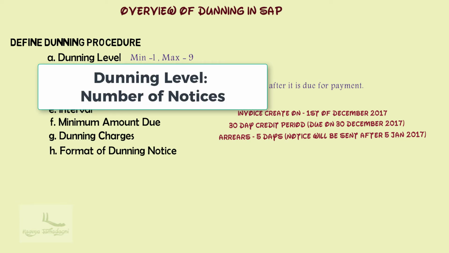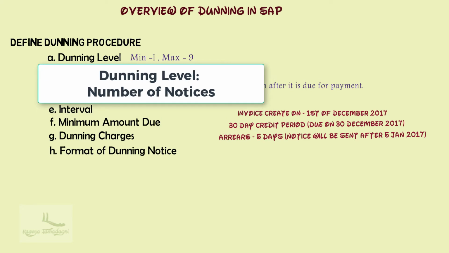The minimum is 1 and the maximum is 9, which means I can send a maximum of 9 notices. But in most of the companies which I have worked with, they use a maximum of around 2 or 3 dunning notices. After that, they just follow the legal procedure.